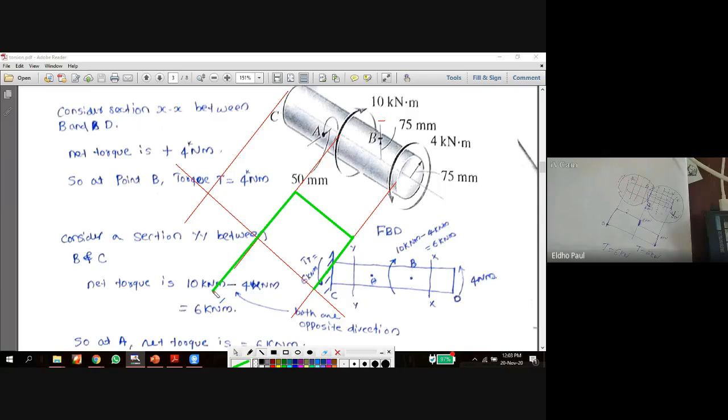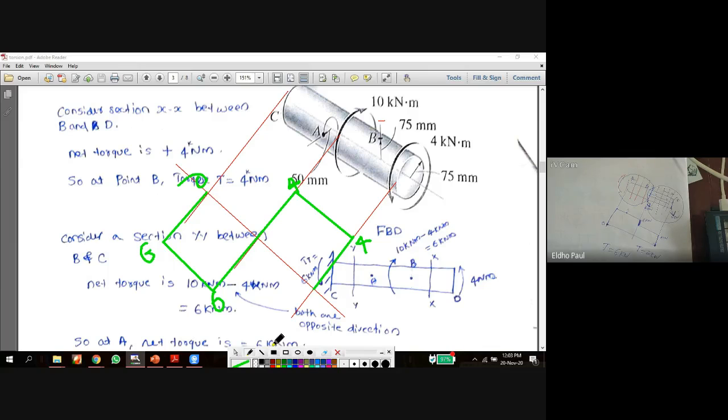Then in between there is no variation, and this reaches 0. So when we mark, this is 4 kilonewton. And here also 4 kilonewton, but it is reduced by 10 kilonewton, then this will be equal to 6 kilonewton. Here also it will be 6 kilonewton, here it will be 0.